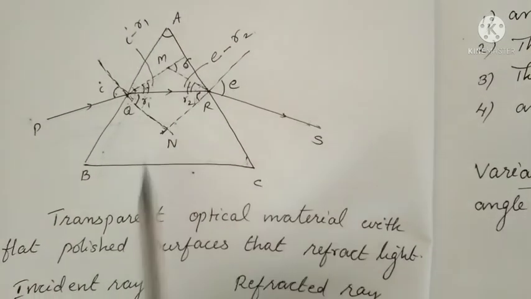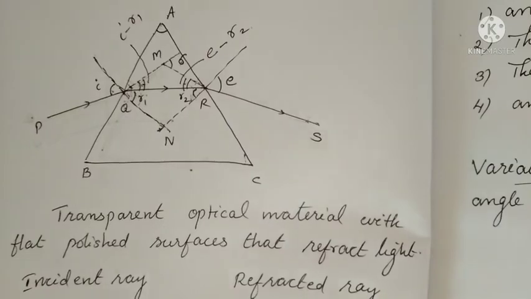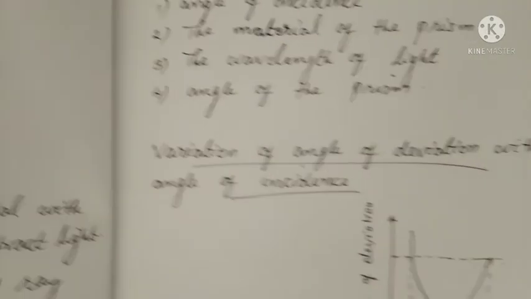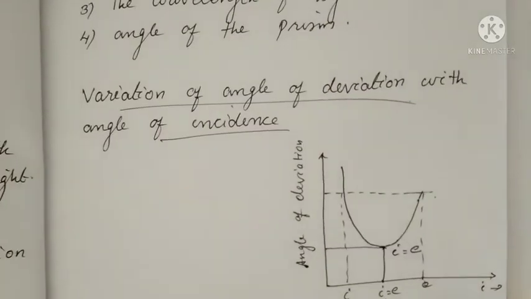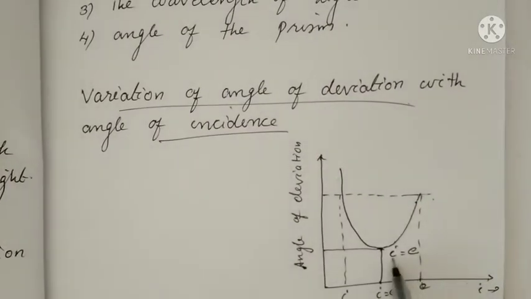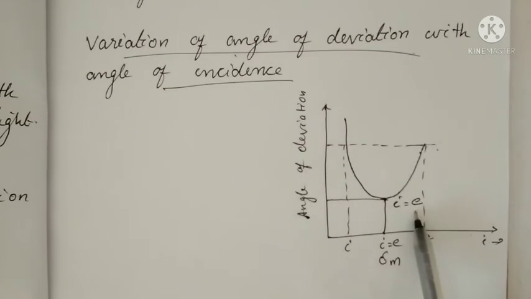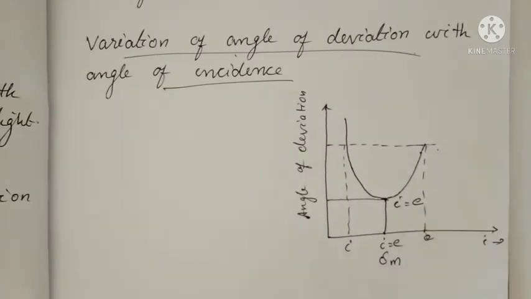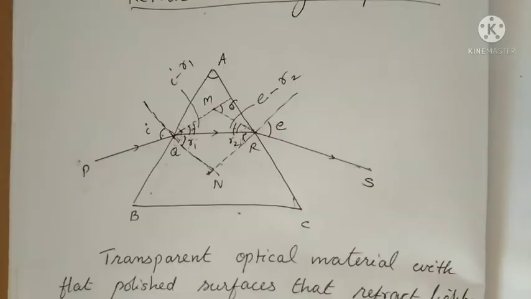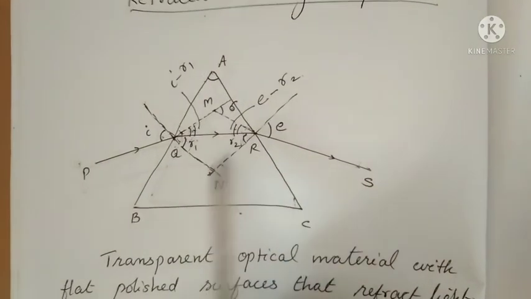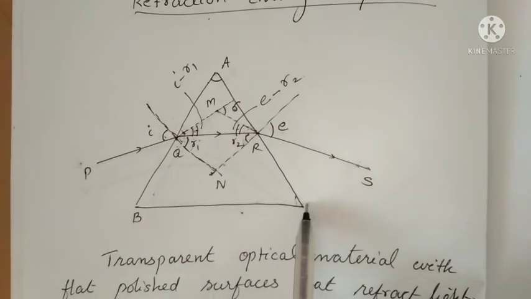Clear? Then at this minimum angle of deviation, delta m, the angle of incidence is equal to the angle of emergence. So in this case, in the figure, the refracted ray becomes parallel to the base of the prism.